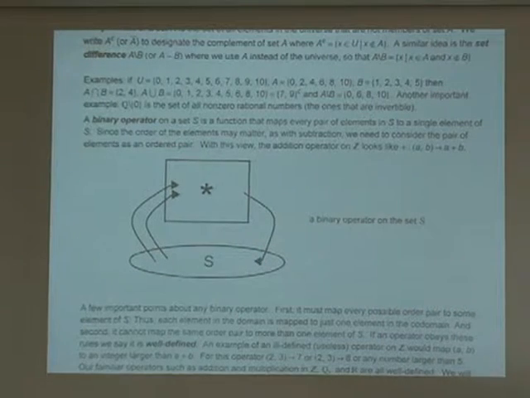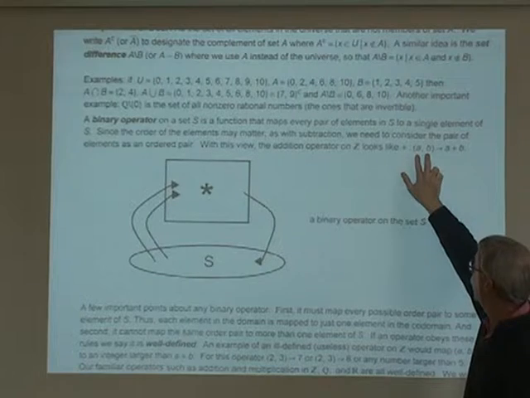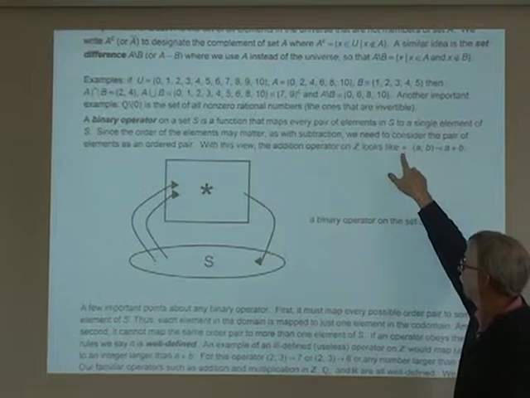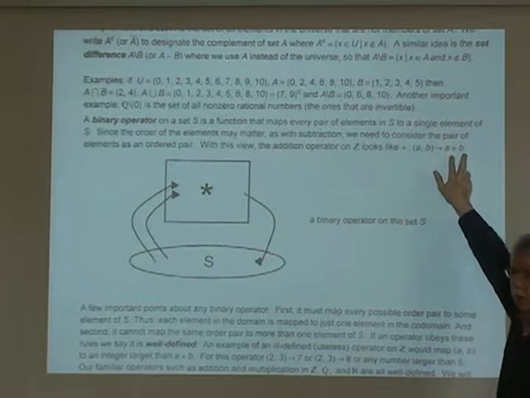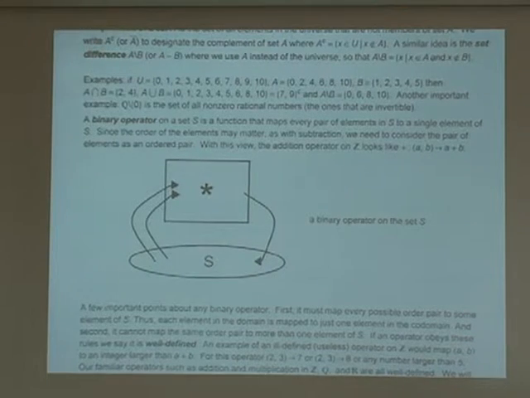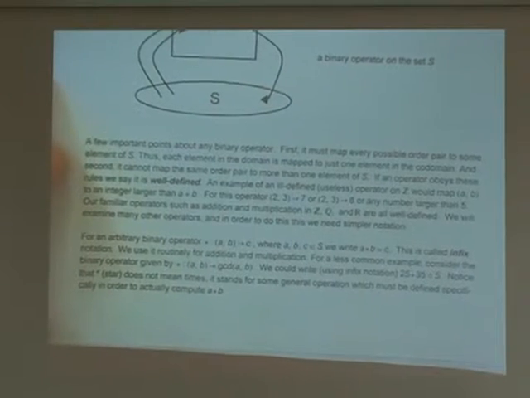Because we don't assume that the binary operator is commutative, AB may get sent to a different place than BA. The addition operator looks like a map that takes pairs of integers and sends them to A plus B. That's a binary operator. So to be a binary operator, some basic points.